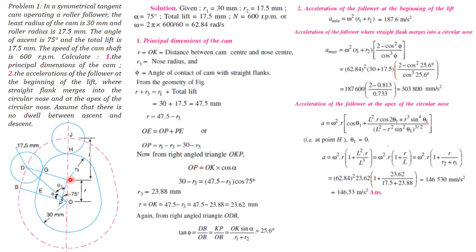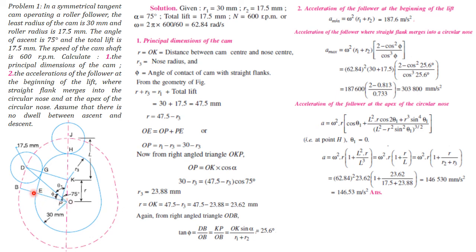Here angle KPB is 90 degrees, and in that case we can say that the total distance OE is equal to OP plus PE.